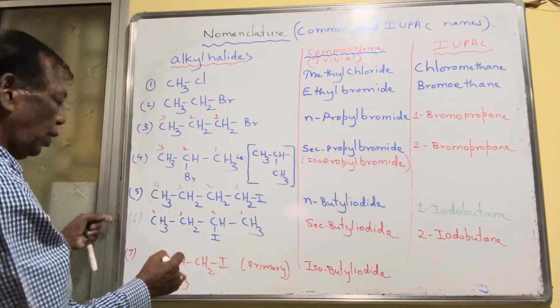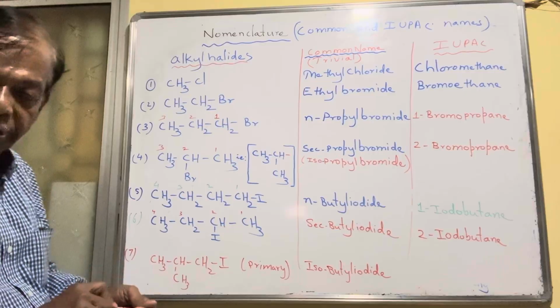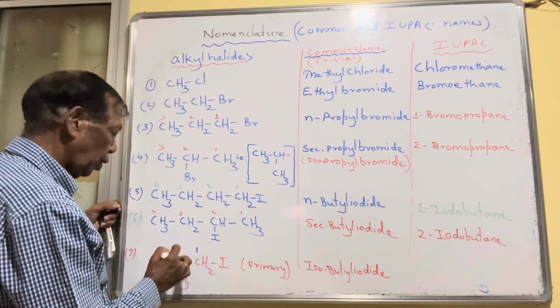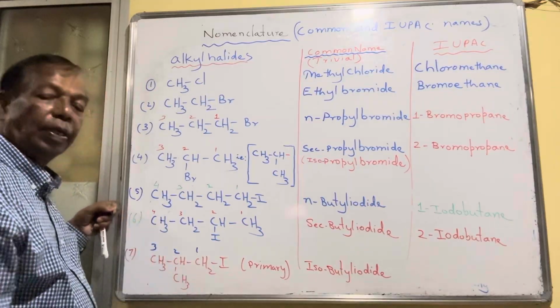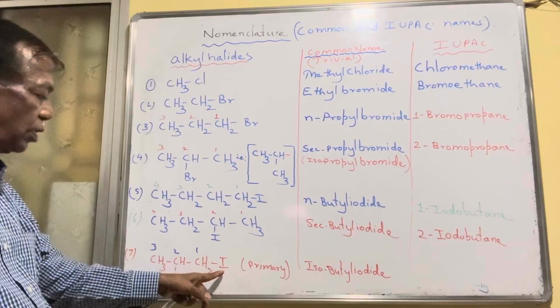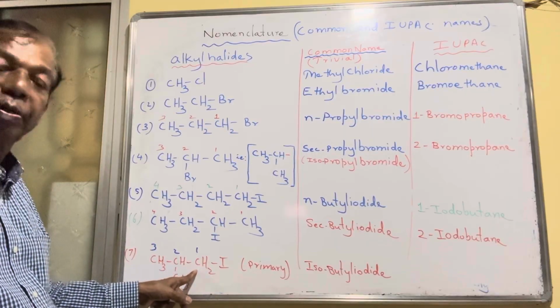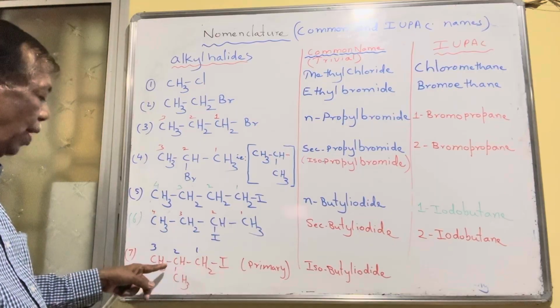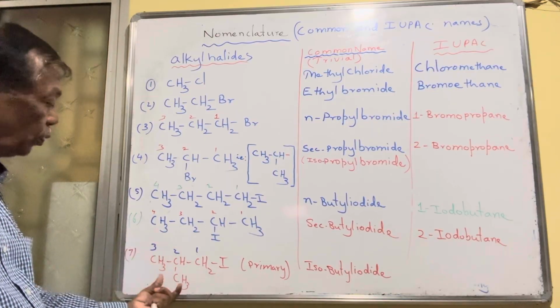Now while naming according to IUPAC, this is numbered 1, this is 2, and this is 3. So according to the IUPAC name, iodine is attached to carbon number 1, and methyl is attached to carbon number 2. You have to mention both.